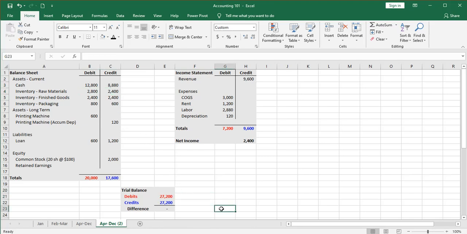So let's look at our closing entries and see how these temporary or nominal accounts get transferred over onto the balance sheet into this account. I mentioned taxes a minute ago, but we're going to pretend like we don't owe any taxes because our net income is too low.